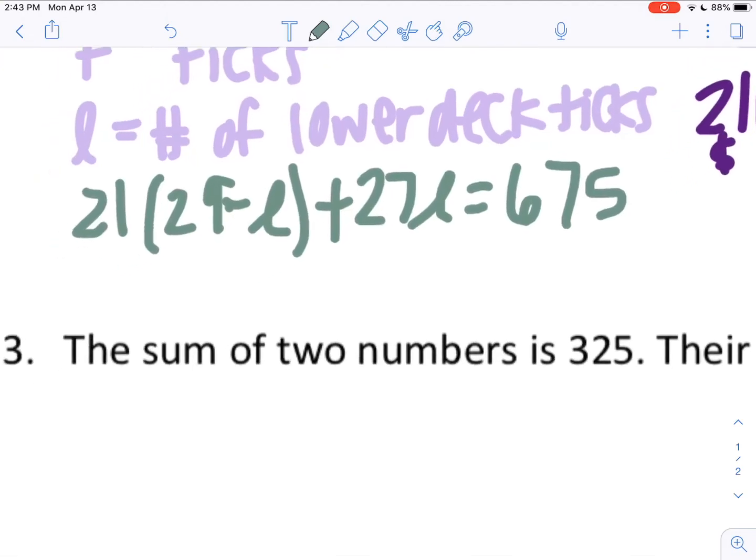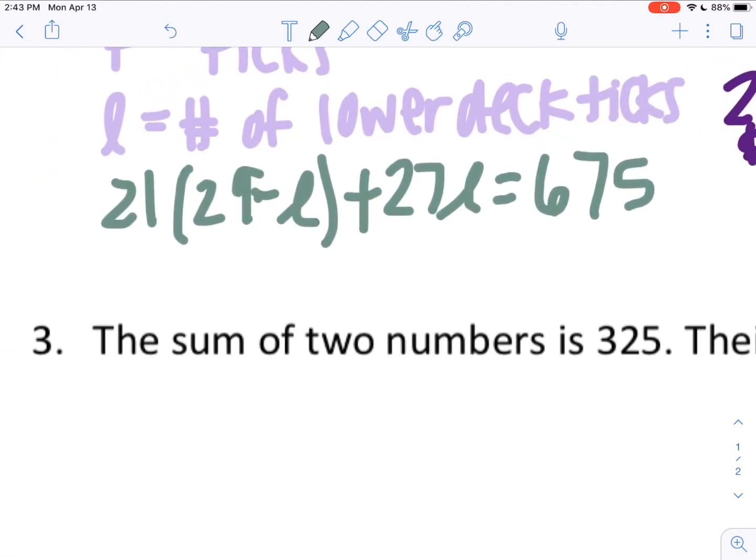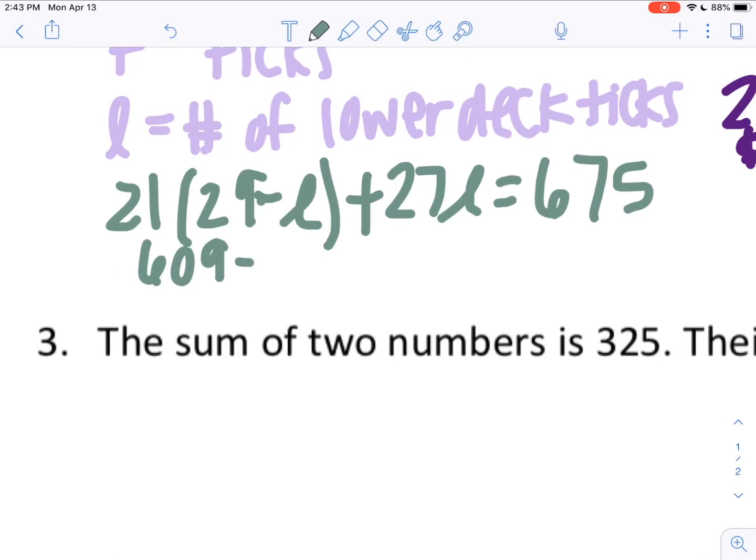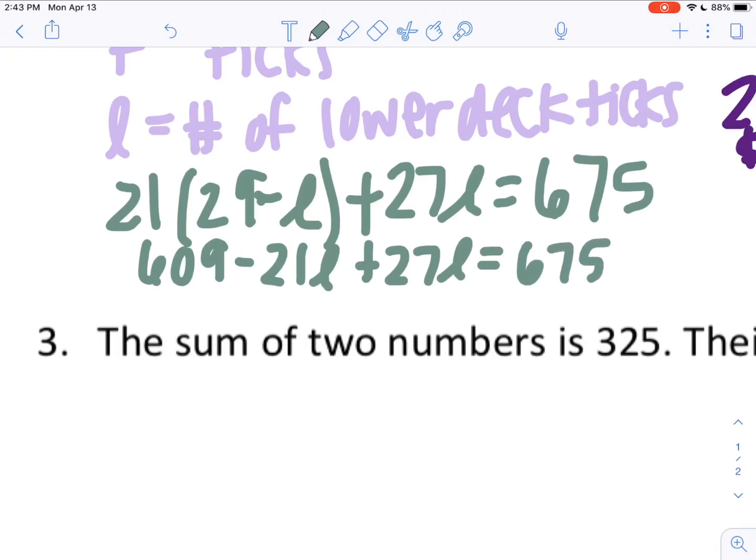Okay, and I'm going to solve that equation. 21 times 29, so I get 609 minus 21L plus 27L equals 675.